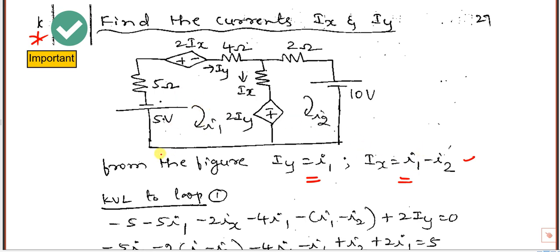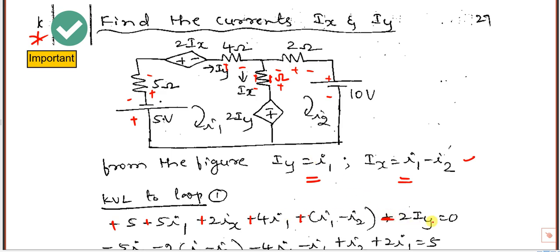So apply KVL for mesh 1. Marking the polarities plus minus for each element, this is plus 5I1, plus 2Ix, plus 4I1, plus this is actually 1 ohm, it is missing, 1 into (I1 minus I2), and minus 2 according to my notation.